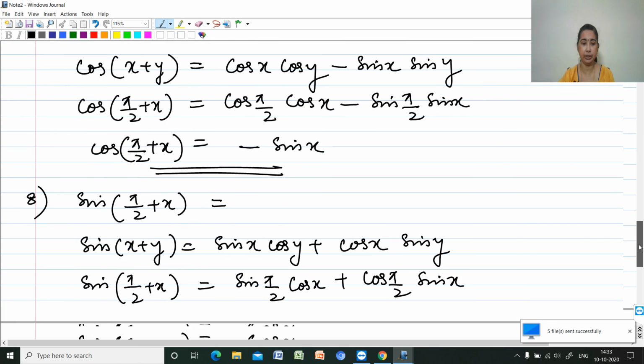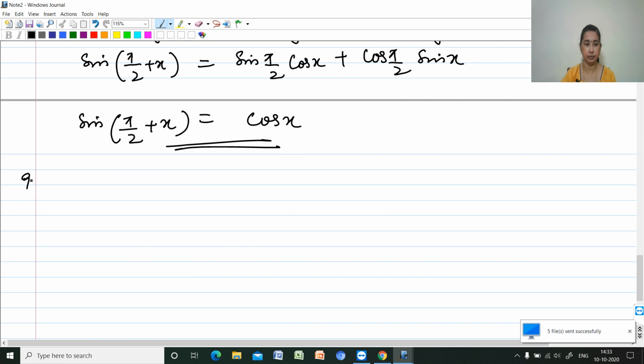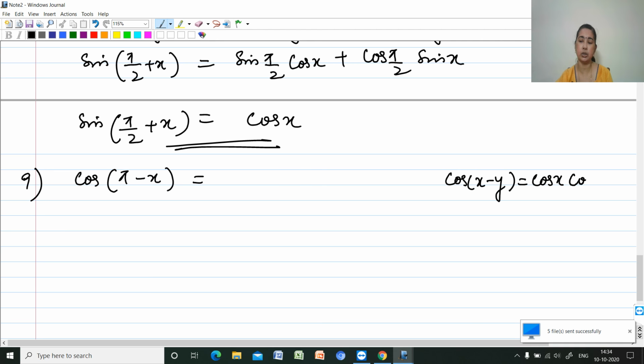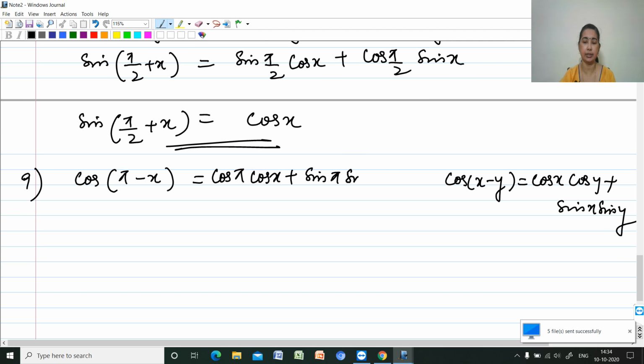Then, next one. What is cos pi minus x? Applying the same thing, cos of x minus y is equal to cos x cos y plus sin x sin y. We can apply it here: cos pi cos x plus sin pi sin x.